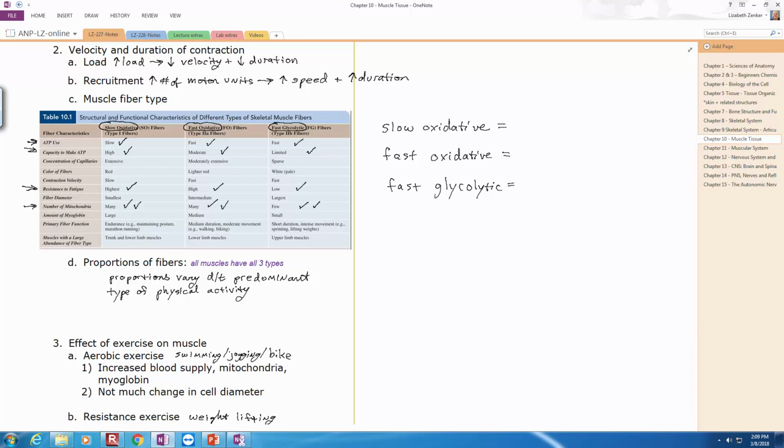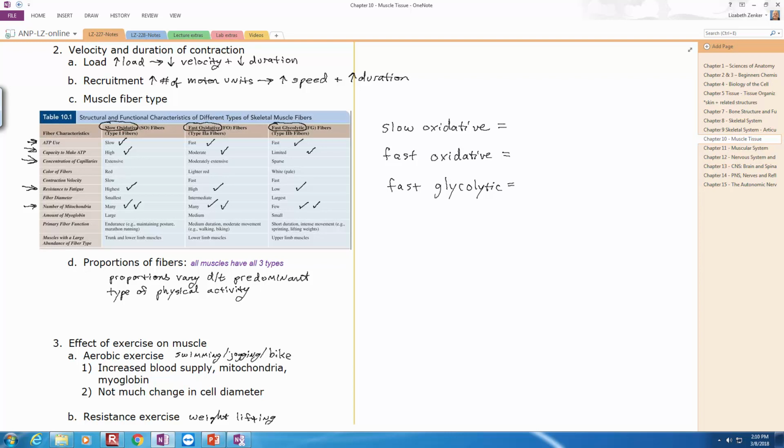So, capillaries. Here we are, concentration of capillaries. Capillaries imply what? Blood supply. So blood supply, thus also bringing oxygen to your muscle. If oxygen's available and mitochondria can make ATP, it makes sense that you would have a high blood supply and oxygen.